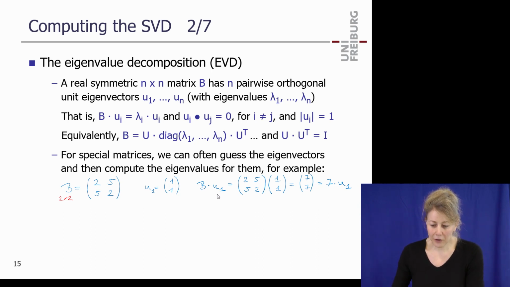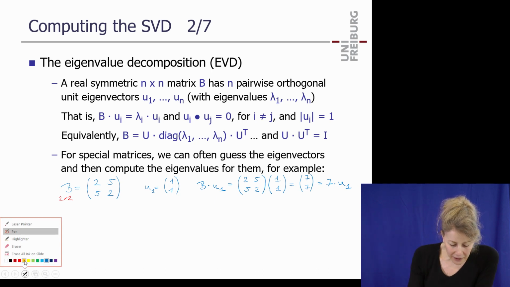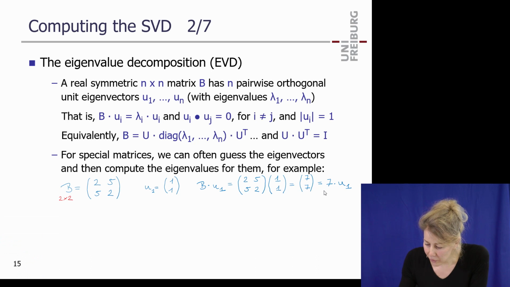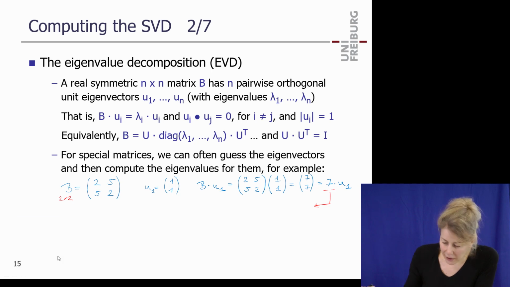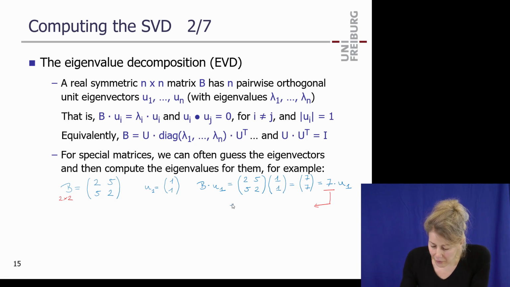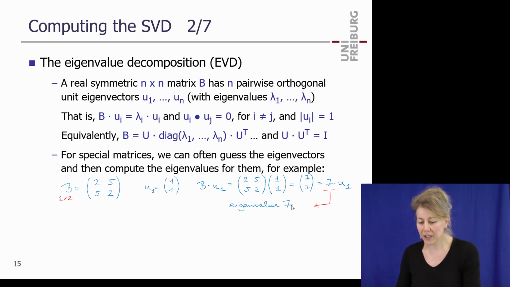Here this vector is only stretched, but the direction remains. And this factor is called the eigenvalue of that eigenvector. Here the eigenvalue is 7.